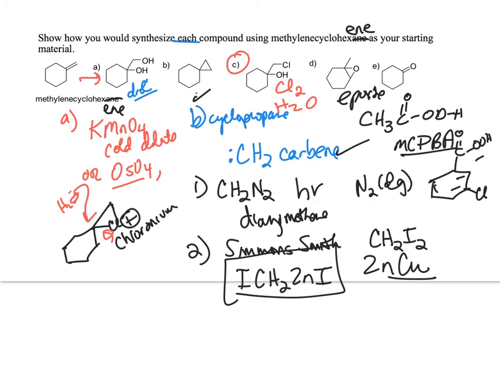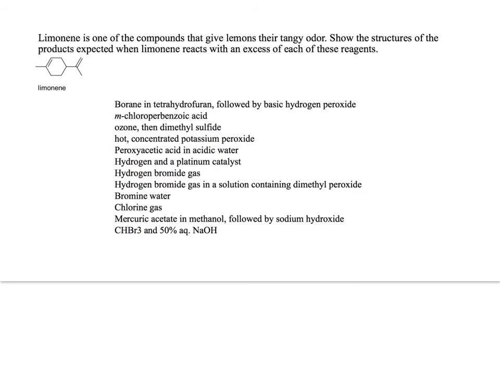You do not have to know the structure, but you do need to recognize MCPBA, and that makes an epoxide. And then E, you're doing a cleavage of this alkene, and so ozone and DMS will reduce that to your ketone. And that would be the best way to do that.